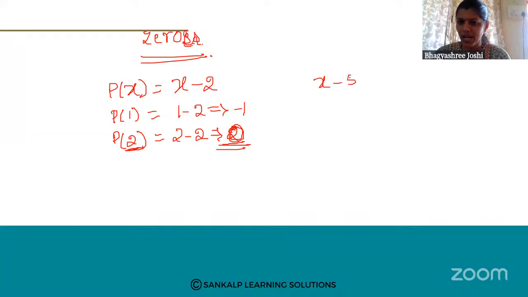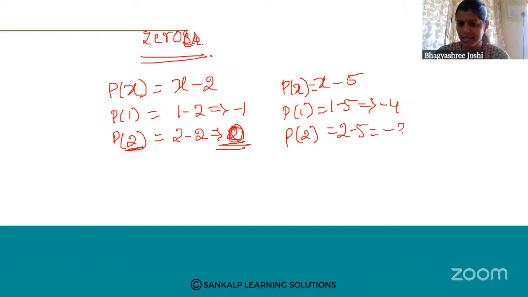See another example. x minus 5 I will take. So P of x is equal to x minus 5. If I put x is equal to 1, 1 minus 5 is minus 4. P of 2, 2 minus 5 is minus 3. P of 3 is 3 minus 5, which is minus 2.